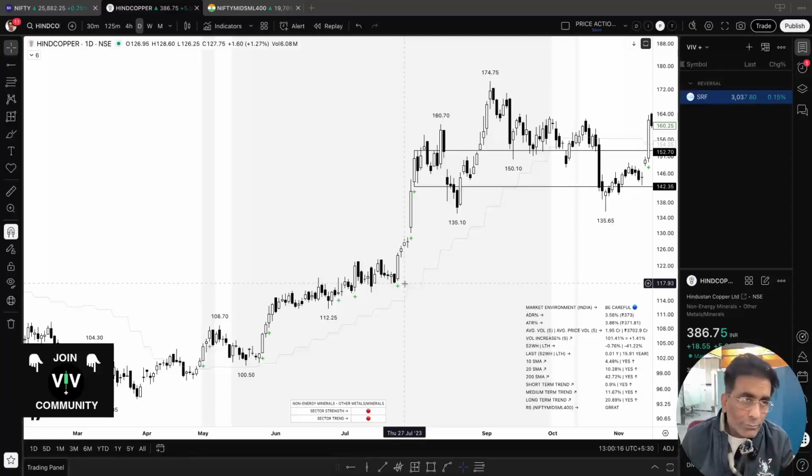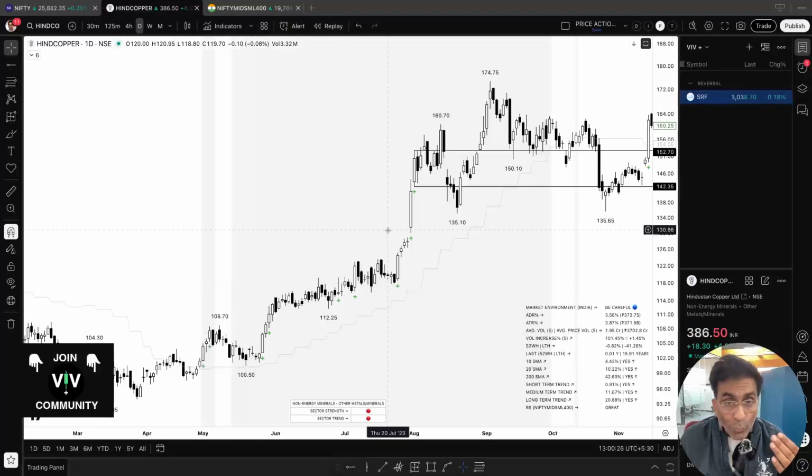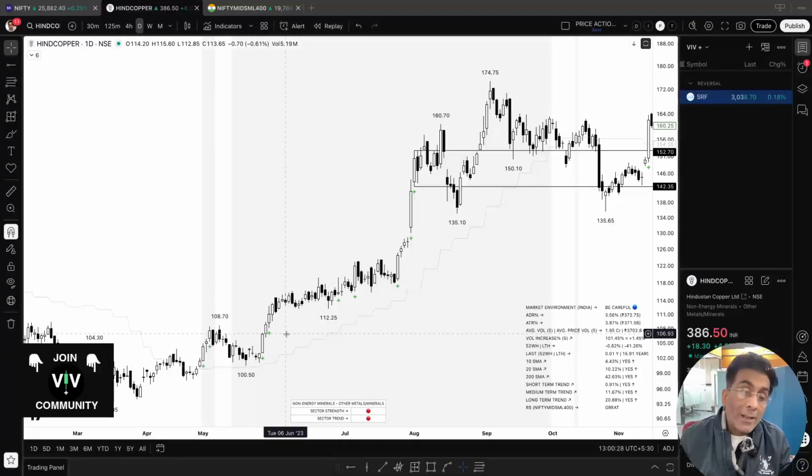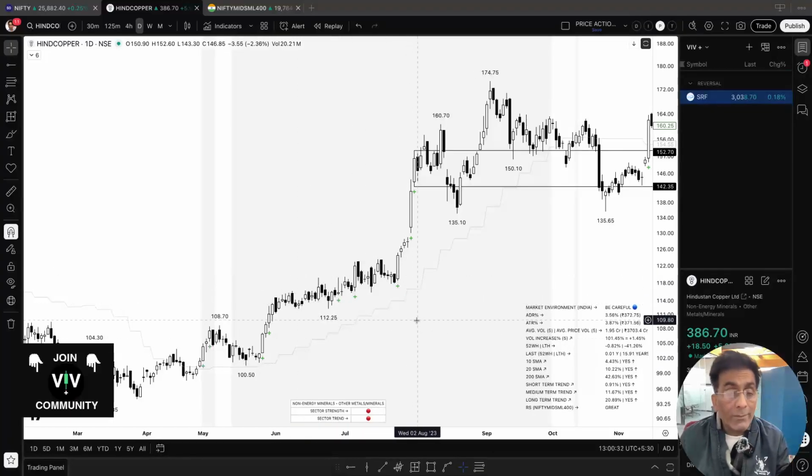If you want to catch a 40%, 50%, 60% move, then buying near the 10-week moving average makes more sense rather than buying near the 10-day or 20 days moving average.